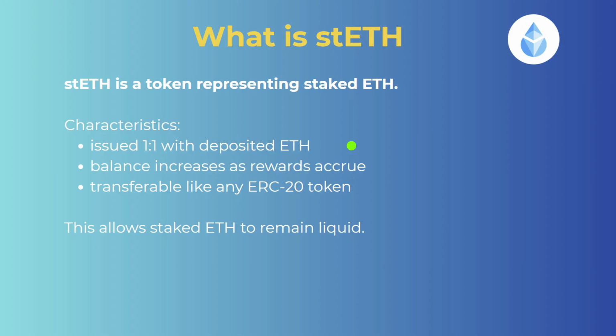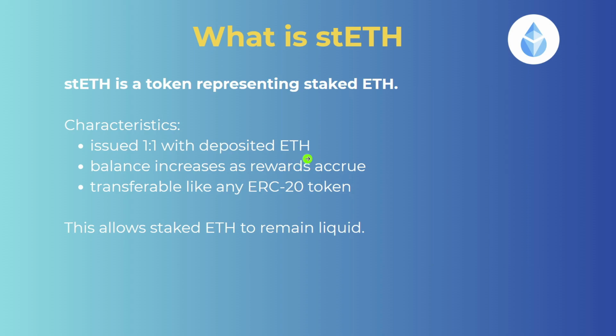But as I gain rewards, this stETH balance will accrue over time. Okay, so at the start it is 1-to-1 with what I deposited, but if, for example, I wait 1 year, it will be more, because more tokens will be given to me, reflecting the rewards that I am accruing because I've staked this Ether.